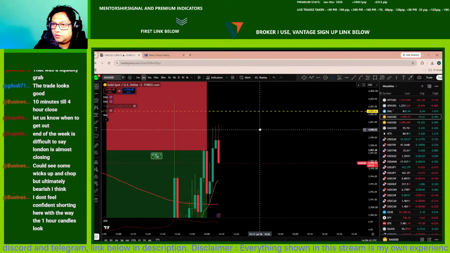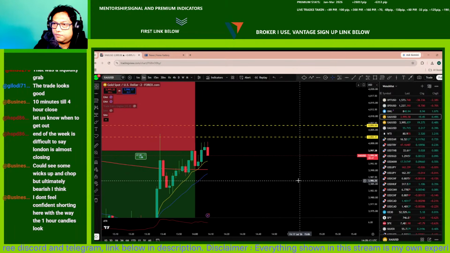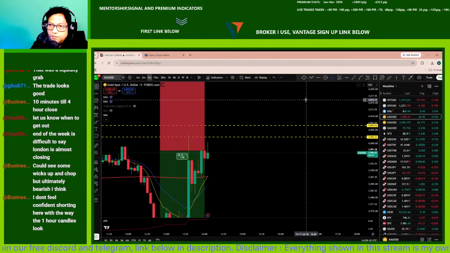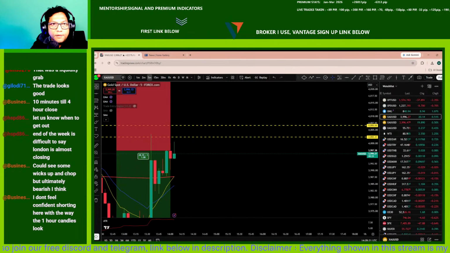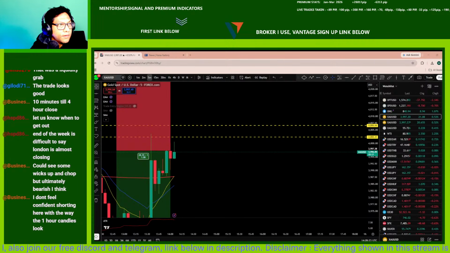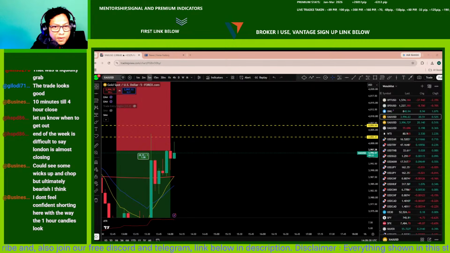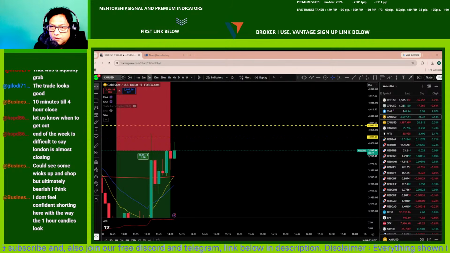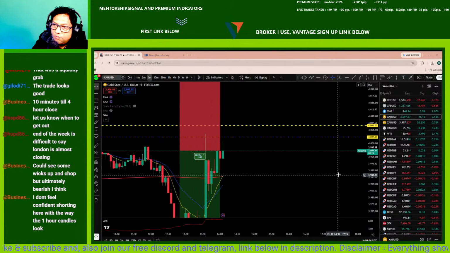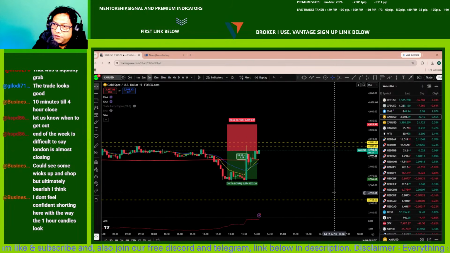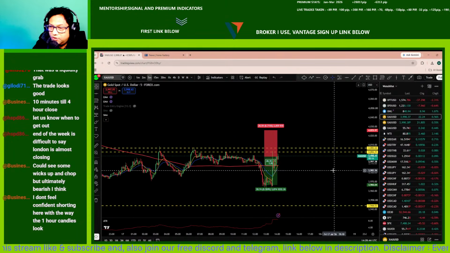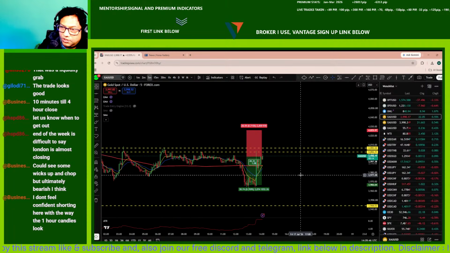Another 2 minutes bearish candle. Okay, I don't feel confident shorting here. Usually if you see a very long-term downtrend, if this trend wants to reverse, it's not gonna reverse straight away.